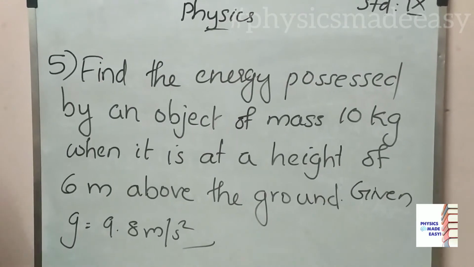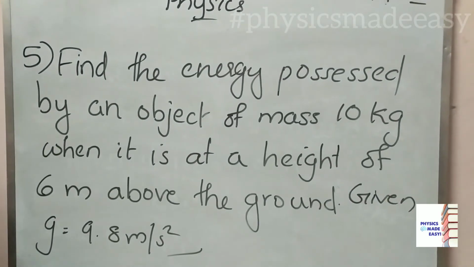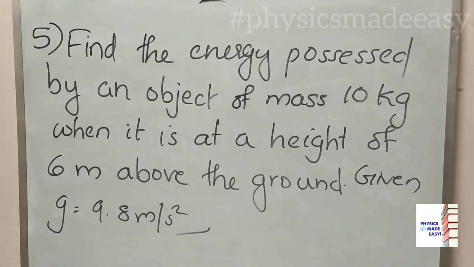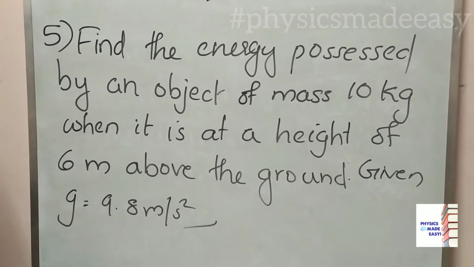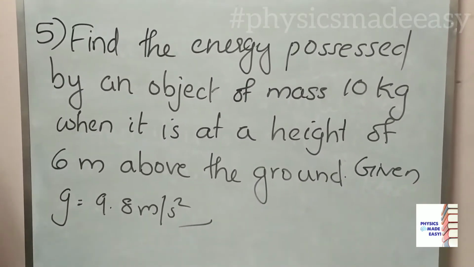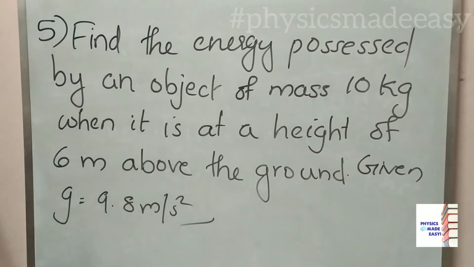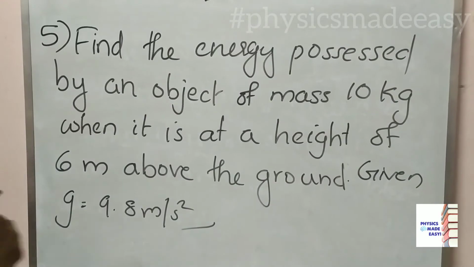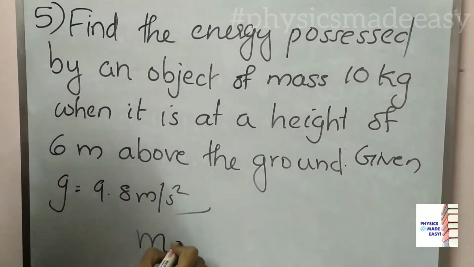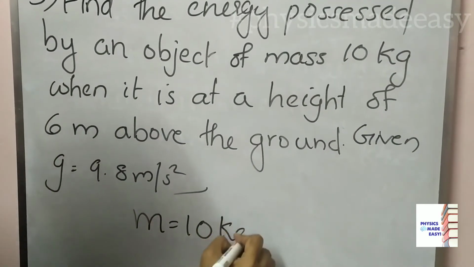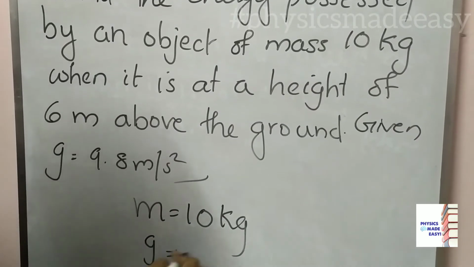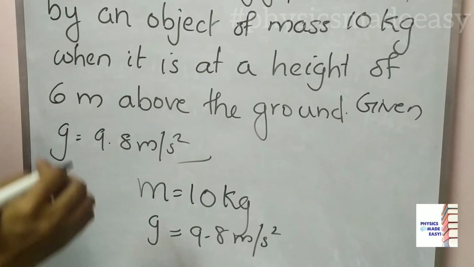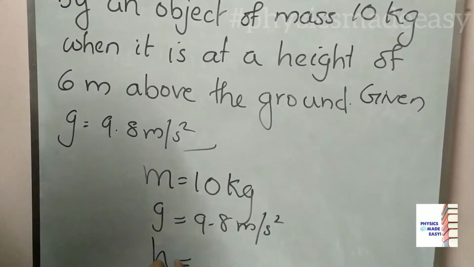Find the energy possessed by an object of mass 10 kg when it is at a height of 6 meter from the ground. Given g is equal to 9.8 meter per second square. Find the energy possessed by an object at a height. That means here we have to find the potential energy. Mass is given as 10 kg, g is 9.8 meter per second square, height is given as 6 meter.